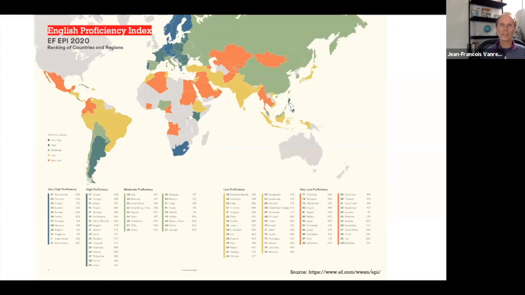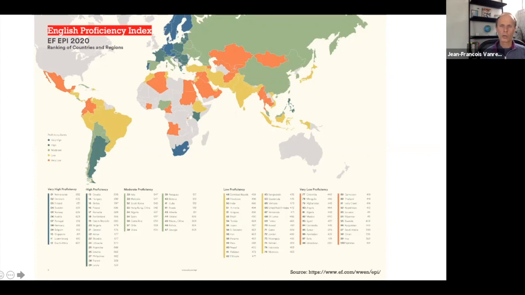Basically, it indicates that, of course, a couple of countries like Australia, the UK and the US, which are gray on the map, and some in Africa as well, speak English. But for others, for which English is not the official language, quite a few of them actually show that English proficiency is not as strong as you might expect.